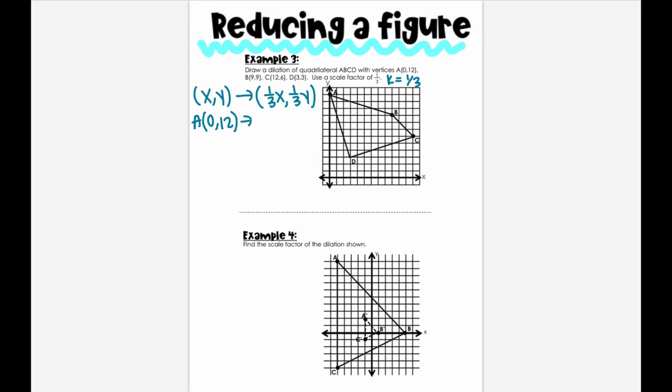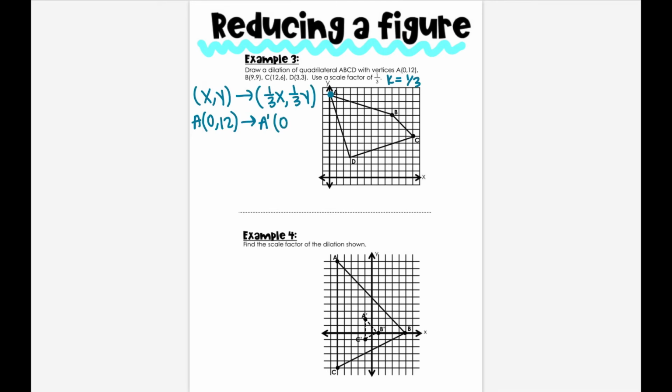All right, so let's start with A. A is originally at the point 0, 12, and A prime is at the point 0, 4.